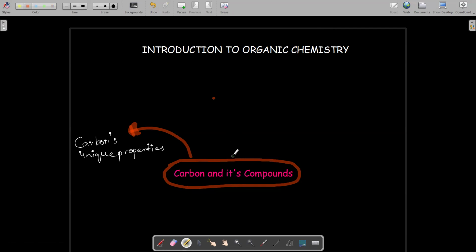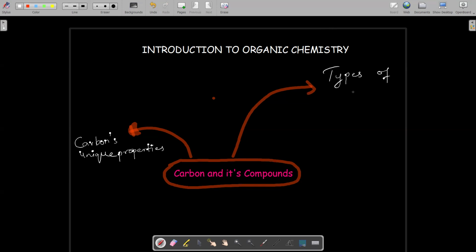The next main branch will be types of organic compounds. We will look into all of this in a few moments.